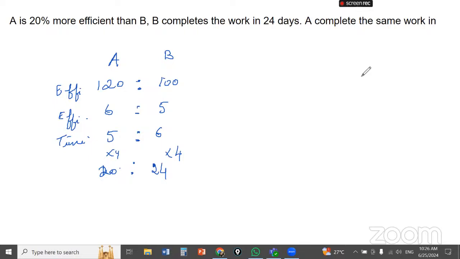A takes 20 days to complete the work. Just take the ratio, reciprocate it, and you get the answer easily. I hope you got this.